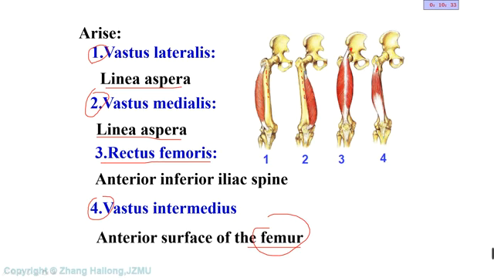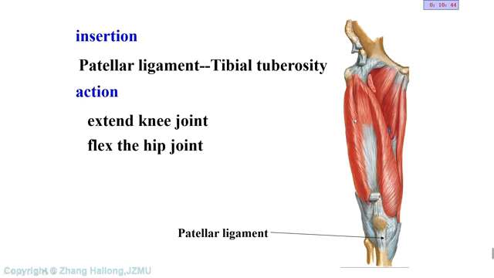Okay. And then all the four heads will go downwards and form one tendon together, which will end on the patella. Now let's see the insertion. Here is the patella. Here is the tendon of the four heads. It will form the patellar ligament on the patella.